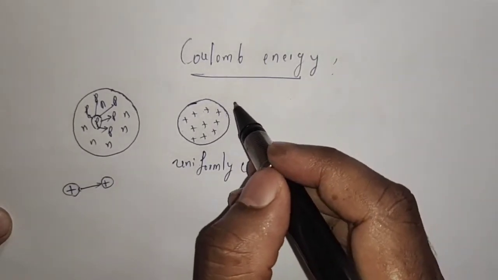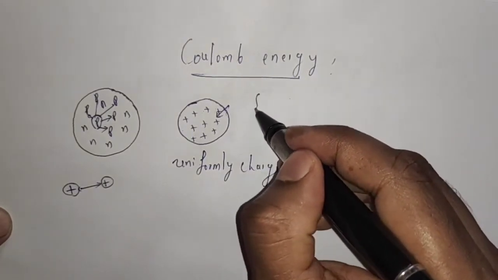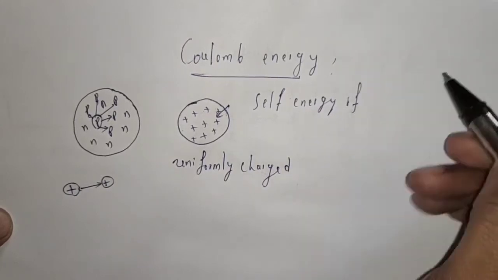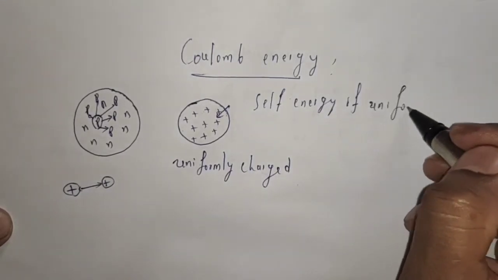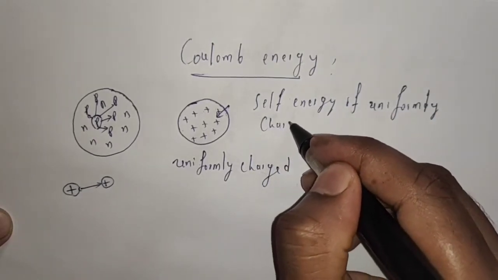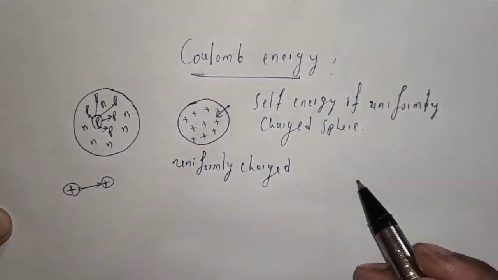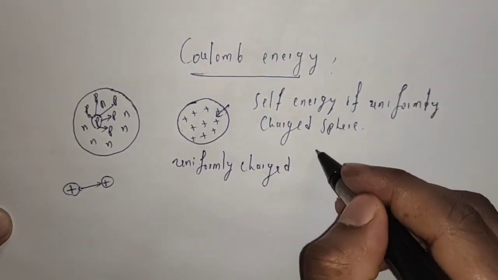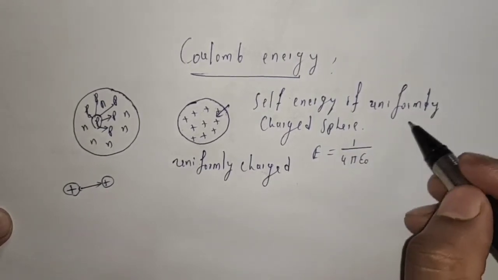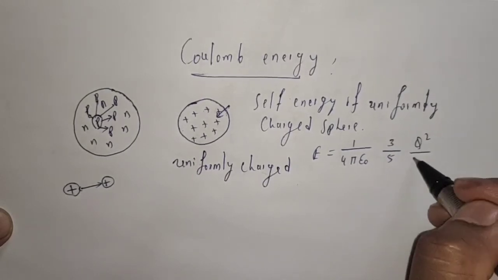From electrostatics we have one equation, the self energy of a uniformly charged sphere, which is given by E equals 1 by 4 pi epsilon naught into 3 by 5 q square by r.